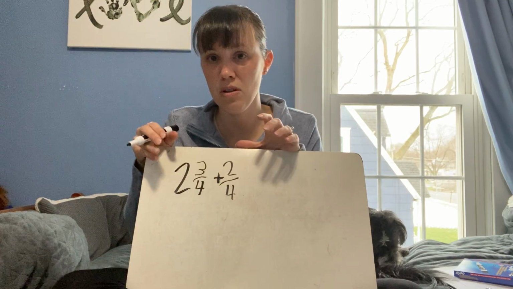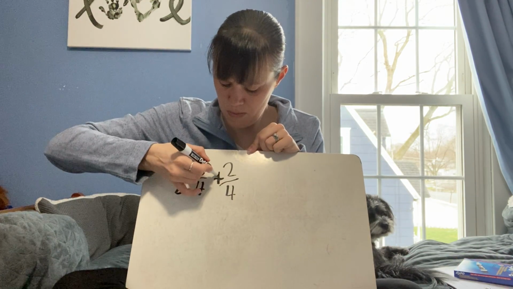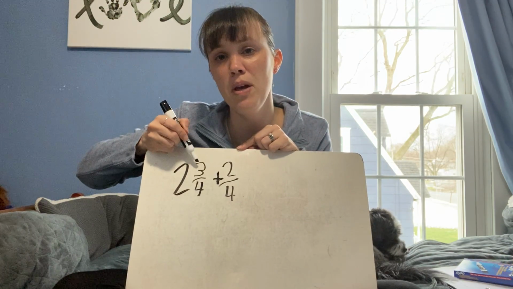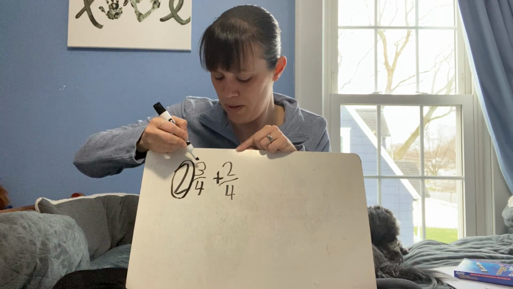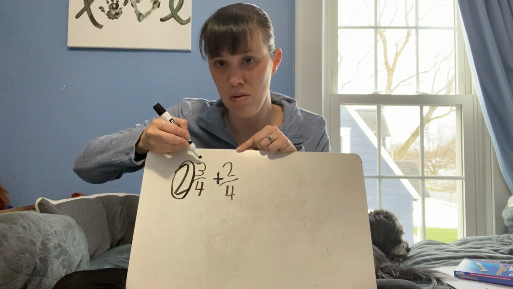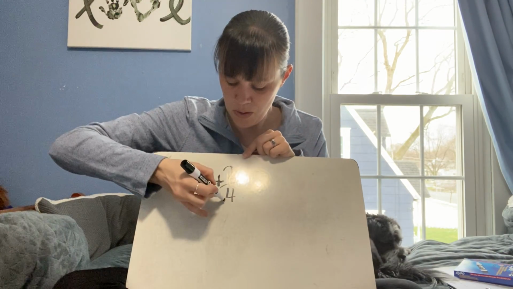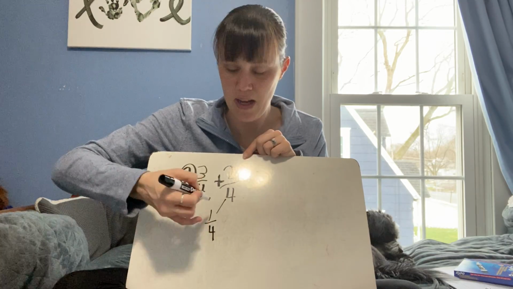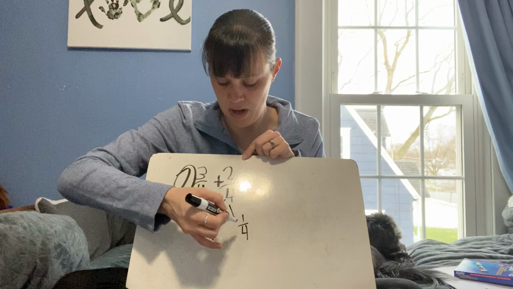So we're going to start with our number bond way. What we're trying to do is start at our 3/4 and say, how many more, I like to circle my whole number, how many more fourths to get to 1 whole? And you know, we need 1 more 4th to get to 1 whole. So if I separate this into 1/4 and 1/4, that's 2/4, right?